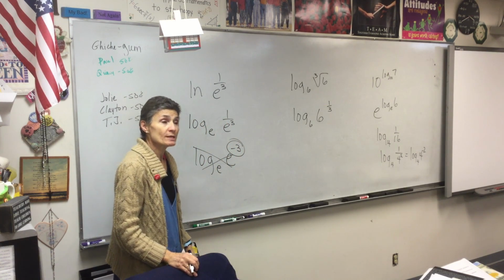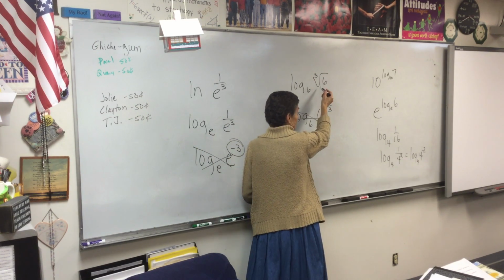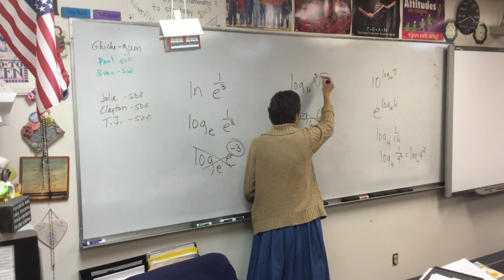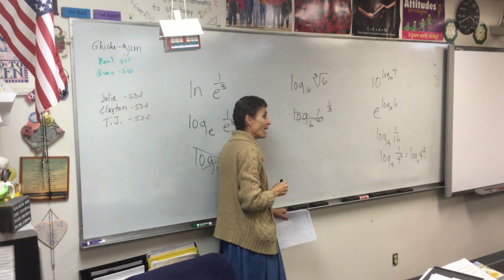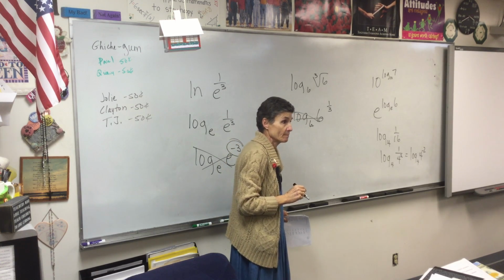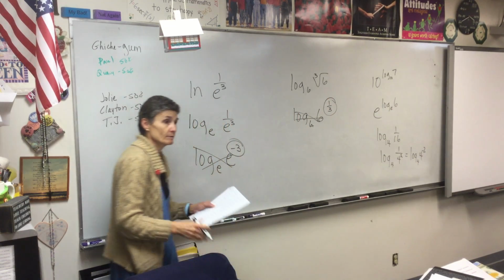And in order to do this, I have to have these two numbers back to back. I can't have a radical in the way. I have to have them right next to each other. So I'm going to rewrite that radical as a 1/3 power because cube roots are 1/3. And the answer to the problem then is 1/3.